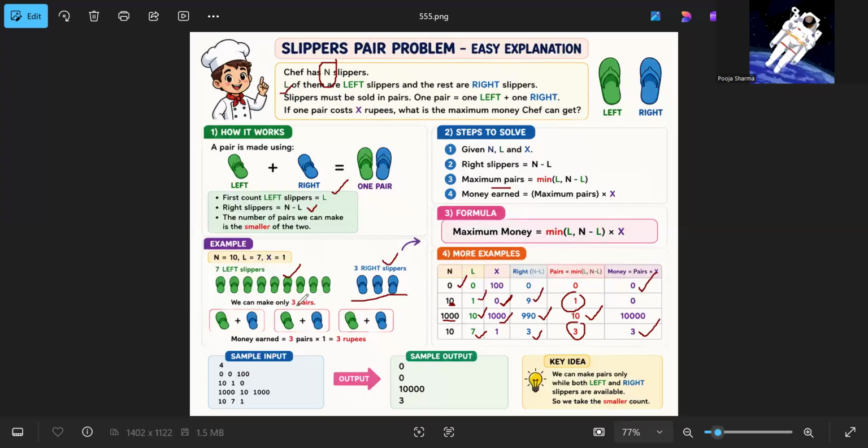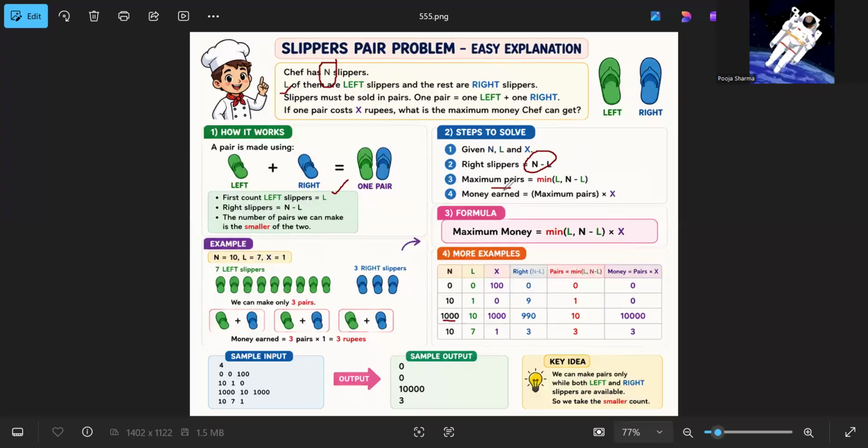Now, what about the logic? The only thing that you need to find out is, first you need to find out the right, because you are given the left and the total number of slippers, so you have to find out the right value. So this formula you need: total minus left will give you right. And the next is the maximum pair.